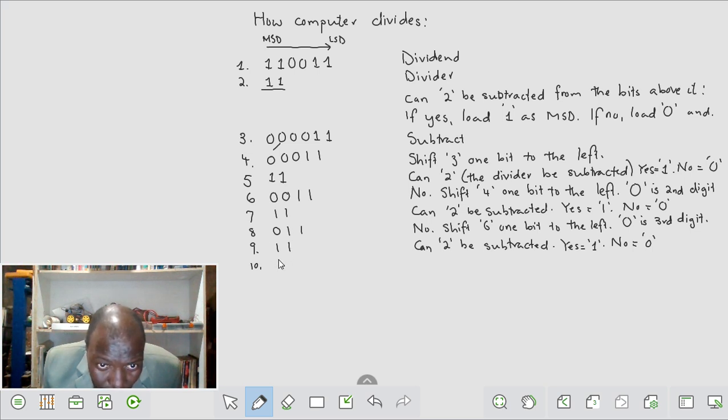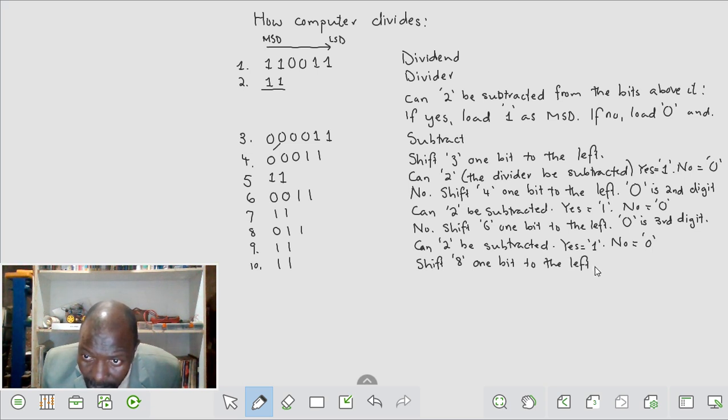So what do we do? We shift. What we've done there is shift 8. This is 8. We're now using the left shift register, so you shift 8 by 1 bit to the left.